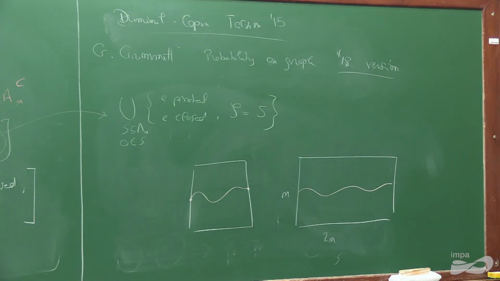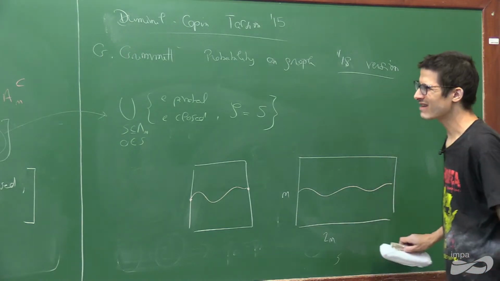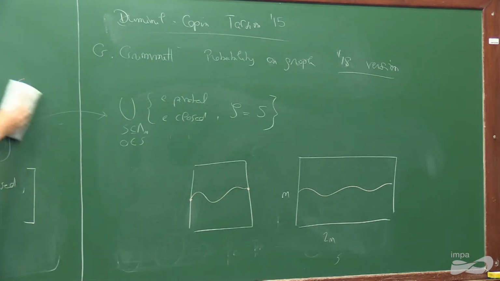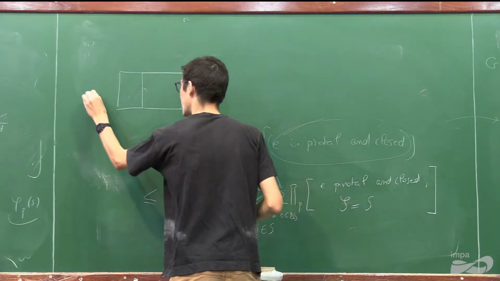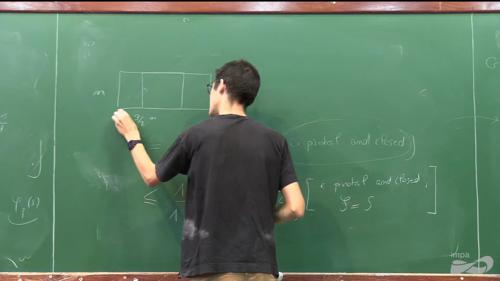And part of the answer is, well, basically, if I want to cross a rectangle of ratio 2, it's sufficient to, I have n, now you have 3n over 2 here.